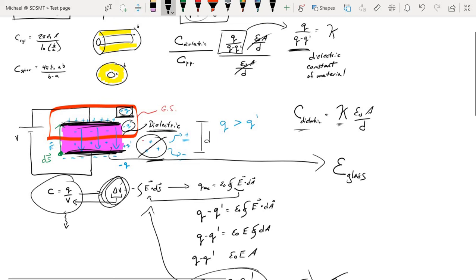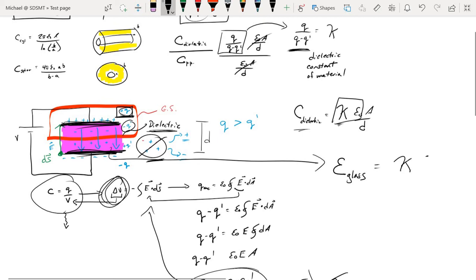Now there are plenty of different mixtures and formulas for glass, and so each one of those would have a slightly different permittivity value. But it doesn't even have to be glass. It could be some kind of plastic or a polymer or a block of wood, as long as it's not conductive.